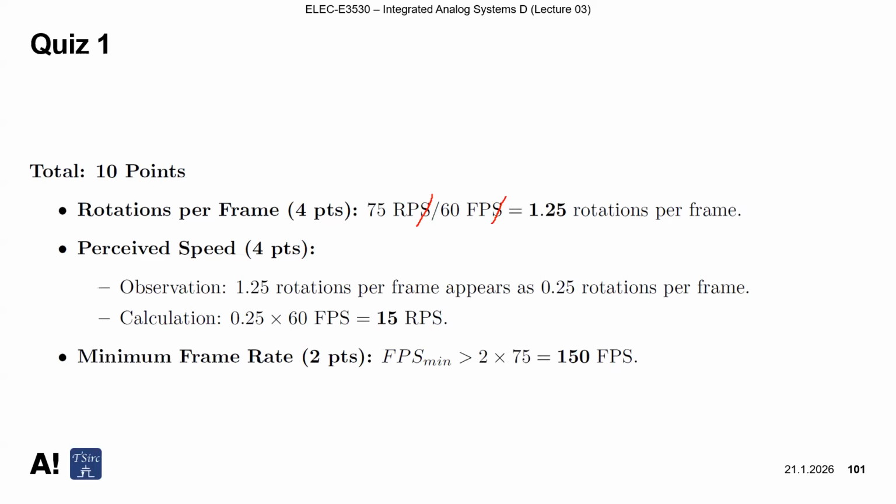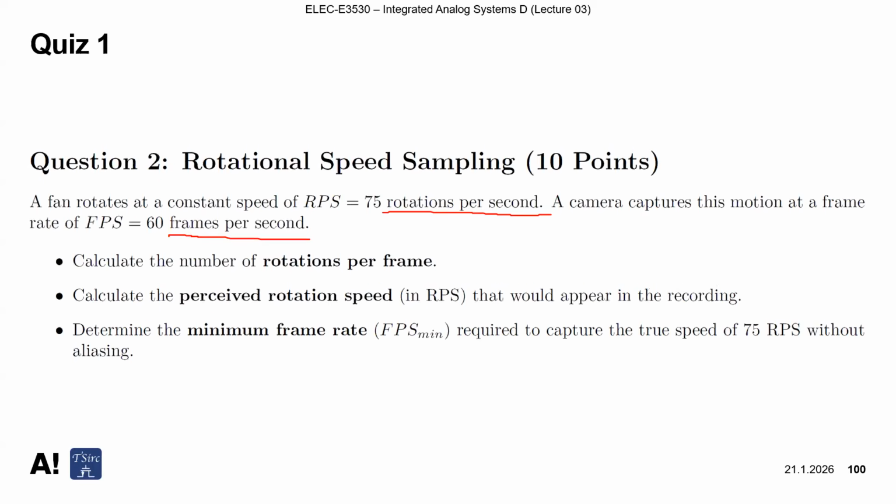And the perceived speed. So we are looking at the clock that is sampled at 60 frames per second, right? So this is definitely slower than the RPS. So when we take 75, then it goes over 1 clock rotation, 2 pi, which is a 360-degree rotation.